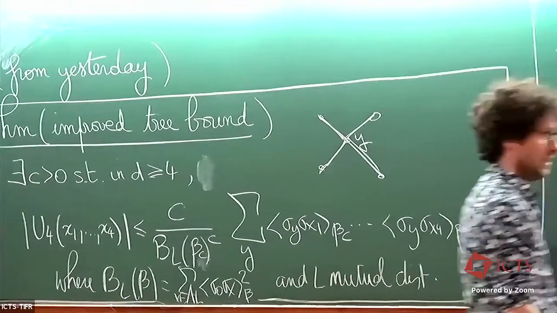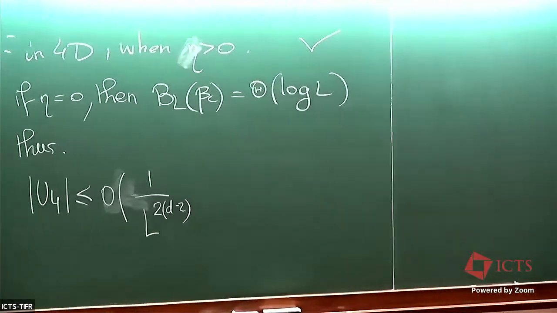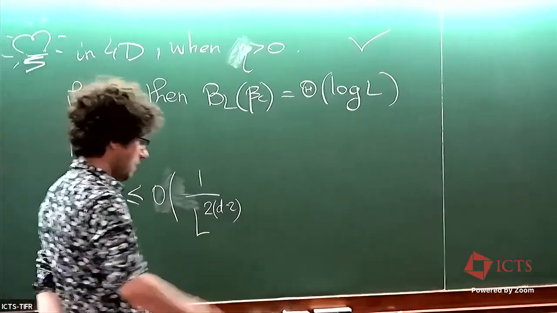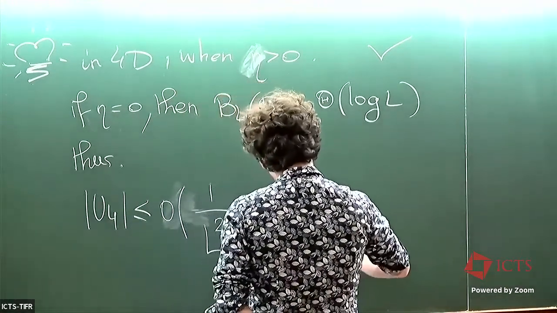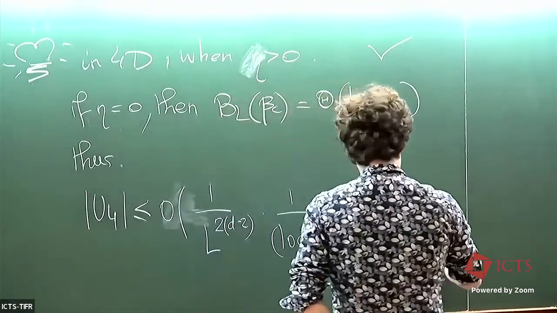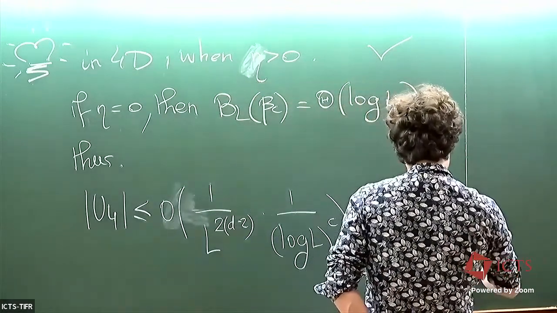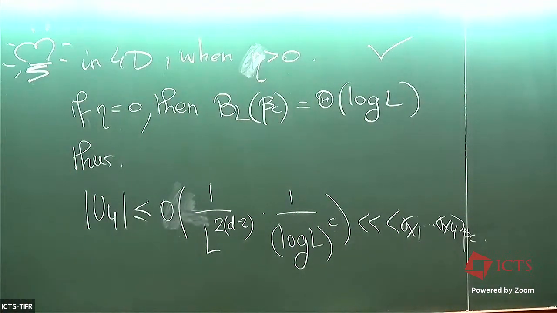This is what you would get for the correlation between sigma x1 and sigma x4, but I get this additional log L to the C. So that concludes the proof under the scaling hypothesis. You have to trust me that you don't need the scaling hypothesis, in fact, if you get this improved tree bound.